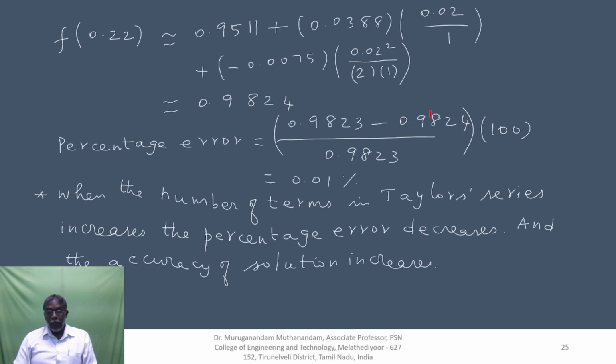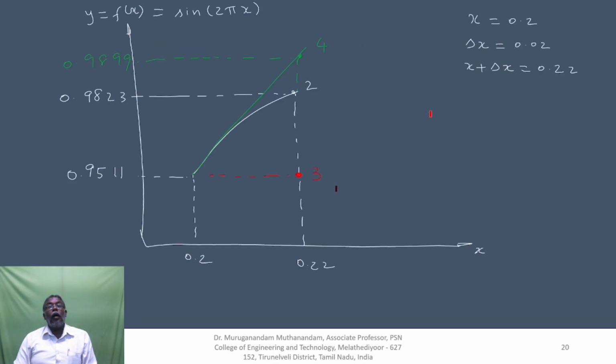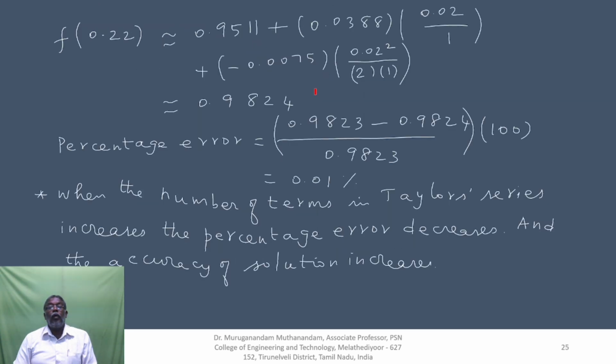Now you see the value of the function is in between 0.4 and 0.2. It is nearby 0.2. So when the number of terms in the Taylor series expansion increases, the percentage error decreases.